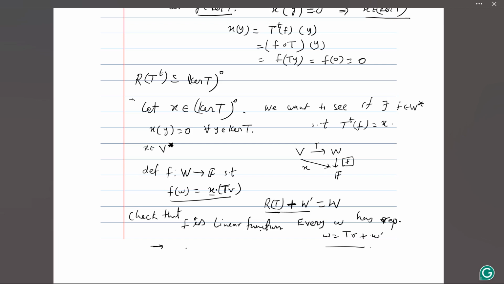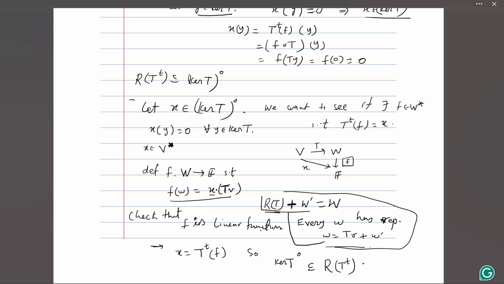Understood? Then X is nothing but T transpose of F. So kernel T annihilator will be contained in range of T transpose. Do you have doubt in this part?